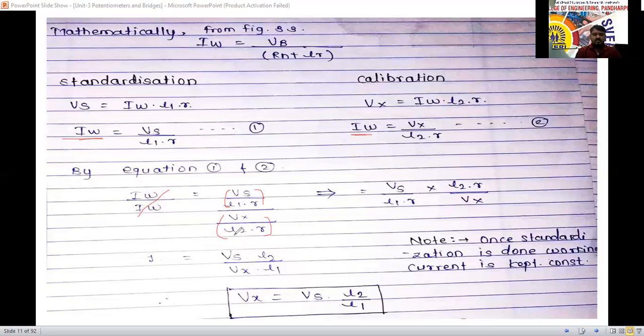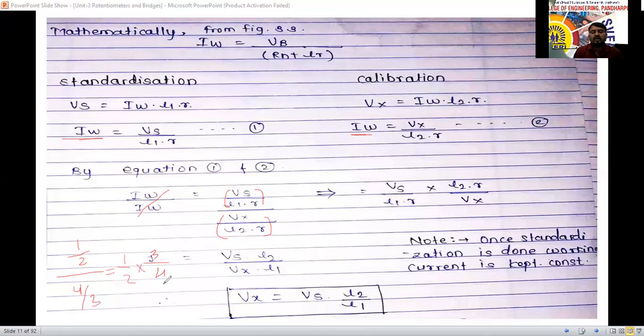What is the formula for 1 by 2 divided by 4 by 3? You can write this as 1 by 2 into 3 by 4.